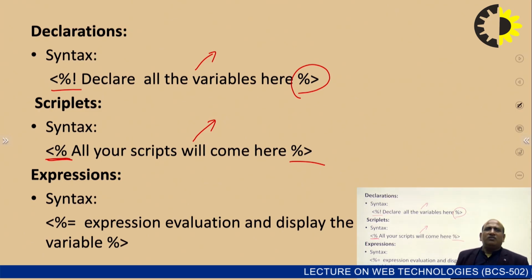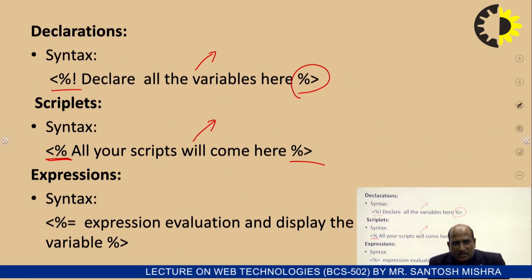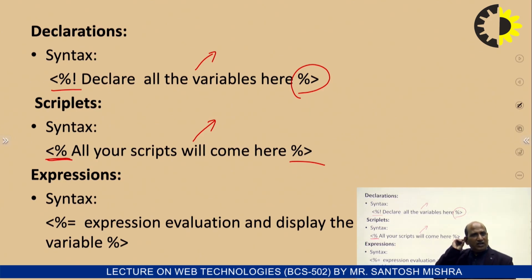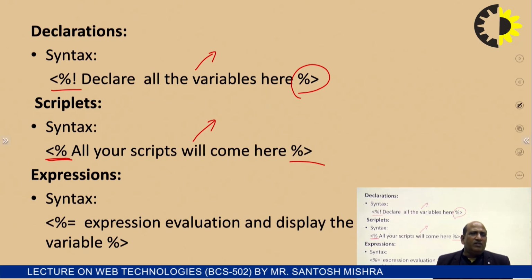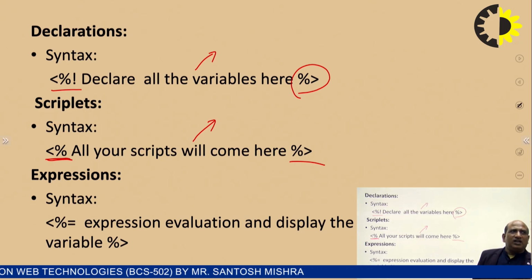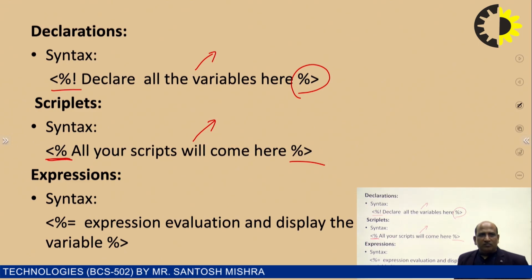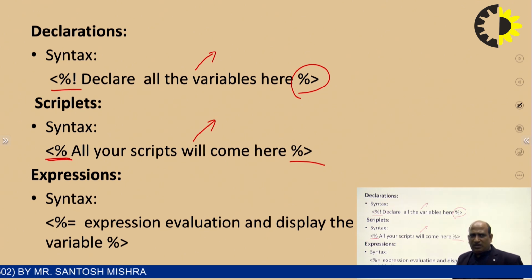Whenever you want to declare some functions or methods, they must be declared in the declaration tag. Or if you want to declare a variable that you want to access globally within that servlet, that variable must be declared in the declaration tag. And the rest of the code you may write within the scriptlet tag.